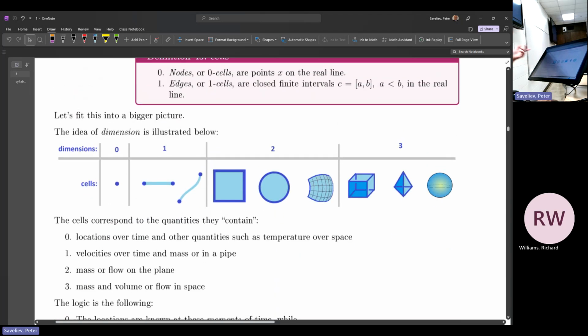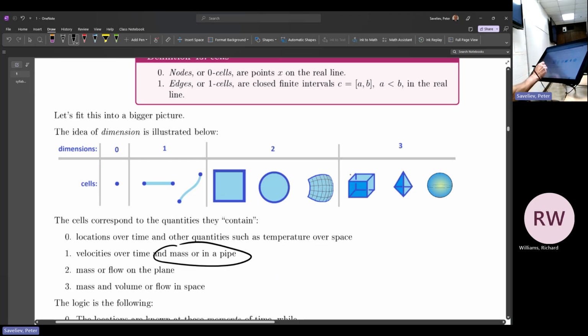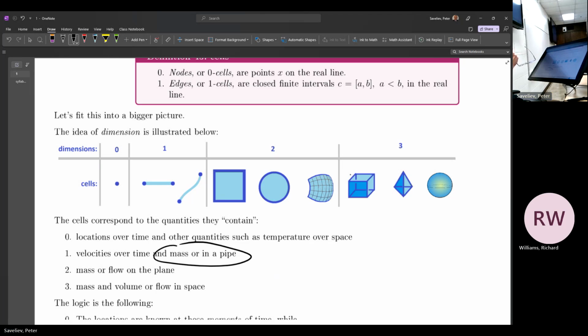And so these are the examples. Locations over time and other quantities are zero dimensional. Velocities are one dimensional. If you're looking at a pipe and you're measuring its linear density, remember from calculus 1, 2, sometimes that's a good example. Mass, linear density, mass when the independent variable is location, not time.